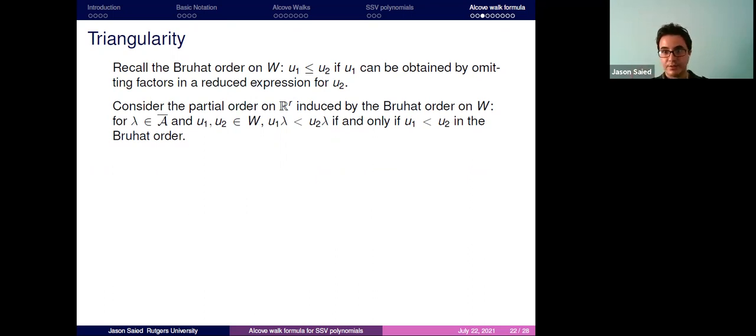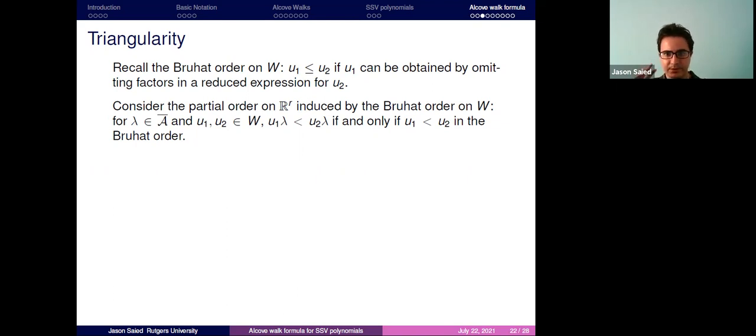And of course, you'll recall that this is very similar to what is happening with Alcove walks. And then we can import this Bruhat order on W over to the Euclidean space. We can just say that for some lambda in the fundamental alcove, U1 lambda is less than U2 lambda, if and only if those Weyl group elements, U1 is less than U2 in the Bruhat order.